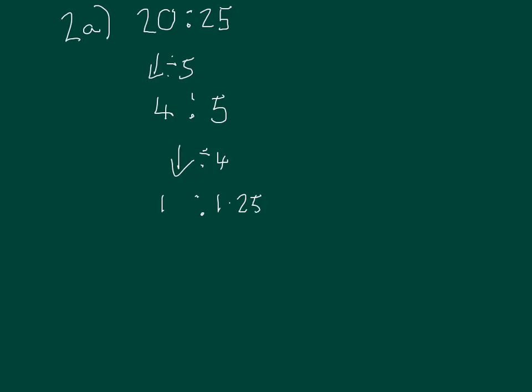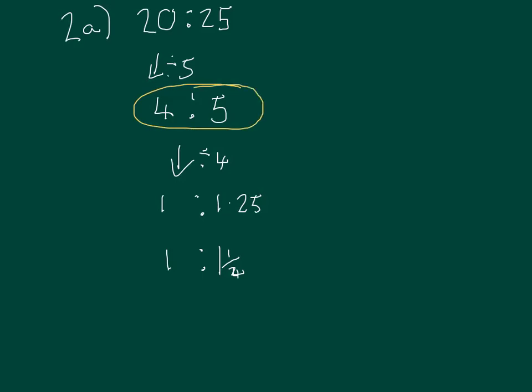And it's perfectly acceptable in a ratio to express one of the numbers as a fraction or as a decimal. It's even possible to use a mixed fraction, but generally the answer that we'd be looking for would be this 4 to 5.